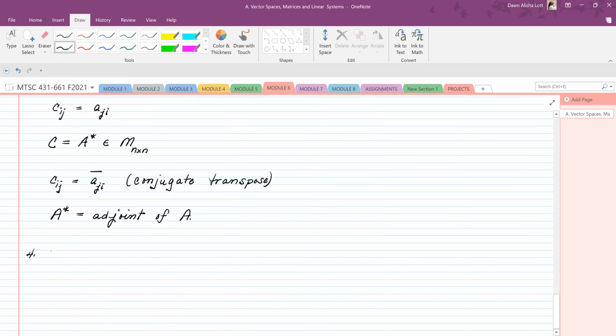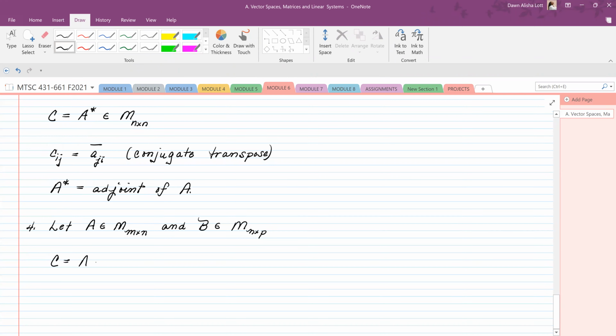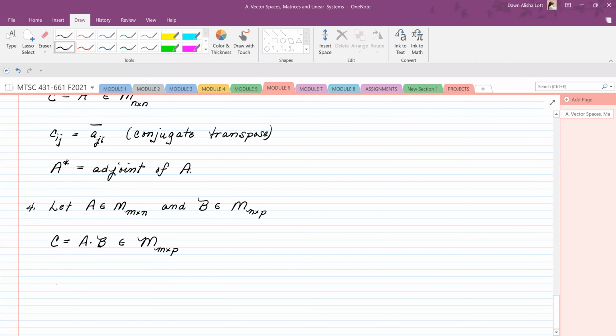Let A be an element of M by N, and now we're going to let B be an element of N by P. And so now we can talk about C being the product of A times B. This is an element of M by P, and each Cij is equal to the sum k equal 1 to n of Aik Bkj.